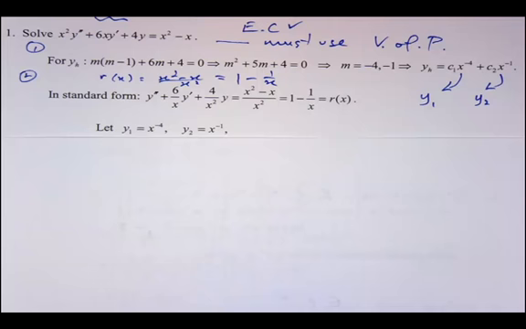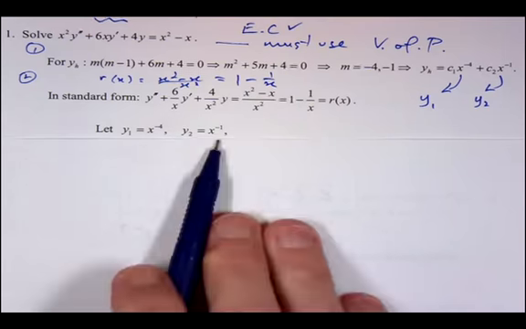Okay. Derivative of x to the minus 4 is bring the power down, so that's the minus 4. And this is where students make a mistake. Minus 4 minus 1 is not minus 3. Minus 4 minus 1 is minus 5. Just like minus 1 minus 1 is minus 2.